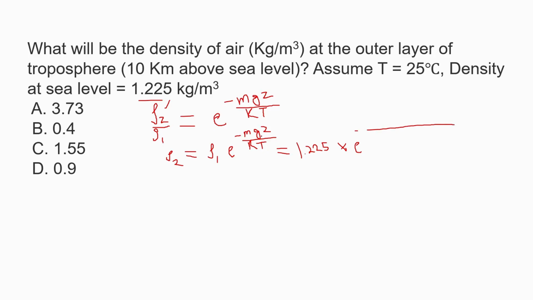minus, so here m would be the mass of air, which is 1.67 into 10 to the power minus 27 into 28, and then g, acceleration due to gravity, is 9.8.